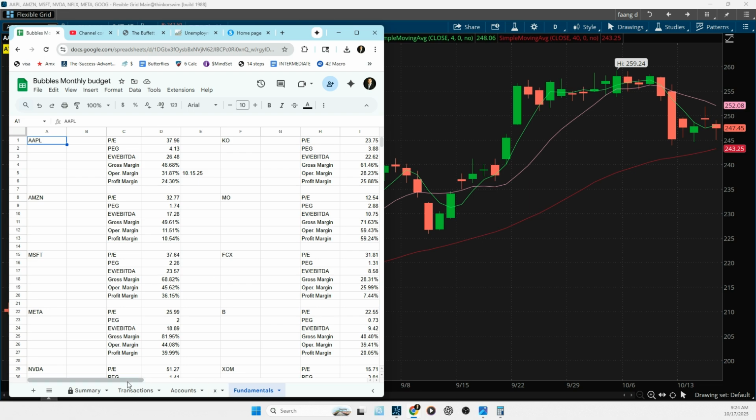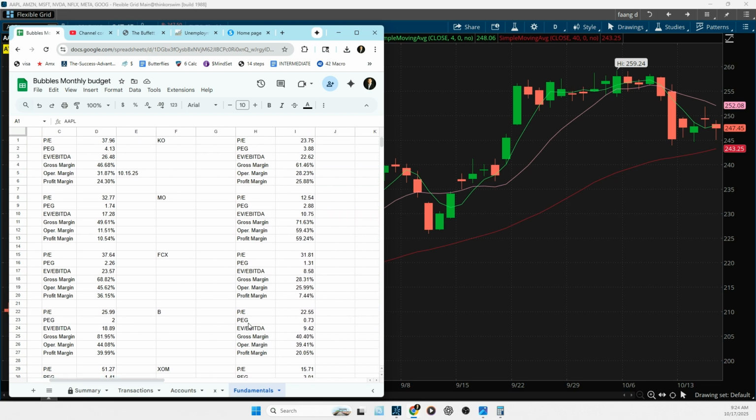Compare it to, let's say, here is something in the gold sector. I forgot exactly which one, but 20%. Look at FCX, copper mining, 7%. Apple, almost 25% profit margin. FCX trying to get 8.